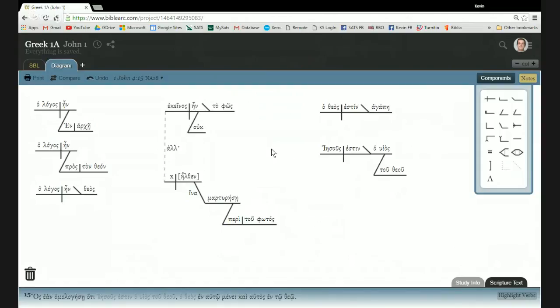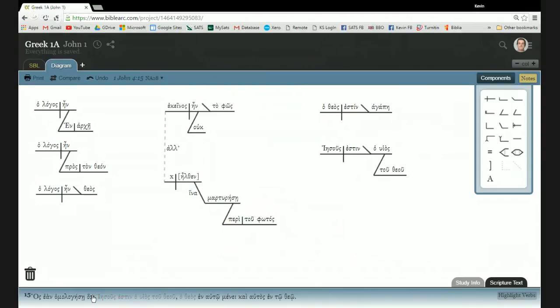I told you earlier that if you have a pronoun and a noun, the pronoun is the subject and the noun is the predicate. If you have a personal name and another noun, the person is the subject and the other noun that is not personal is the predicate nominative. So Jesus is the subject and huios tou theou is the predicate nominative.